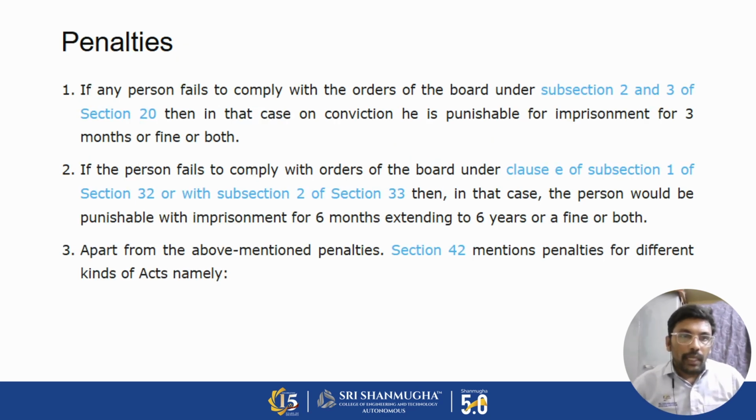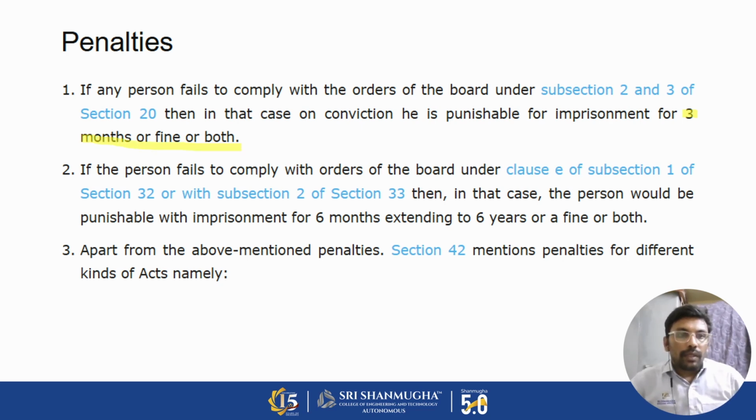So what are the penalties for the offense? If any person fails to comply with the orders of the board, maybe the state board or the central board, under subsection 2 and 3 of section 20, in case of conviction it is punishable with imprisonment of 3 months or a fine or both, based on the crime.